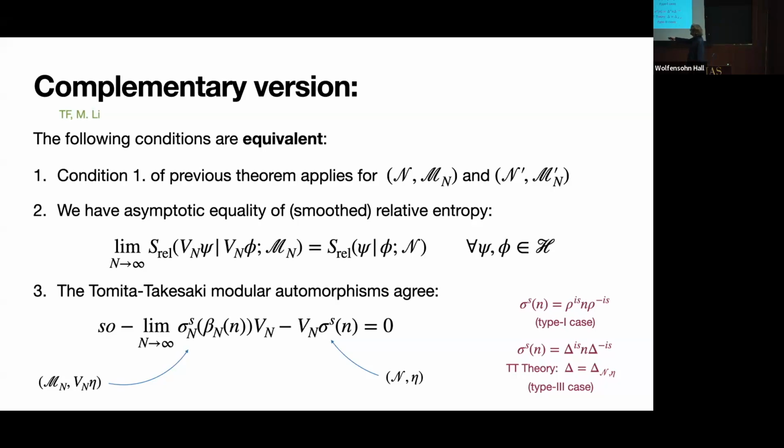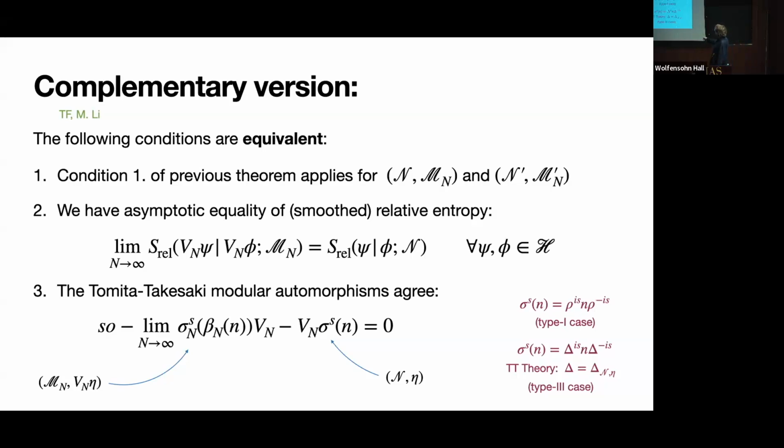And then the final equivalent statement is that you can also do this for modular flow. The modular automorphism is some automorphism of the algebras themselves. In the type 1 case, it's a state-dependent automorphism: you just take the density matrix to the power of is and conjugate by it like this.